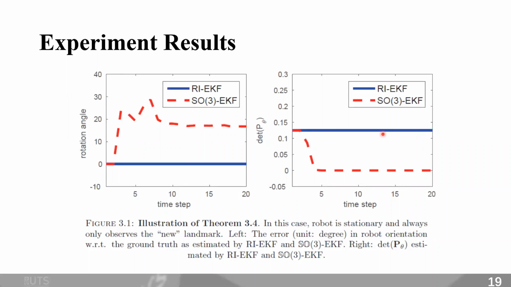But it's impossible to evaluate it at the ground truth. However, right invariant EKF can naturally have these good properties. This is the advantage of right invariant EKF in the SLAM problem.